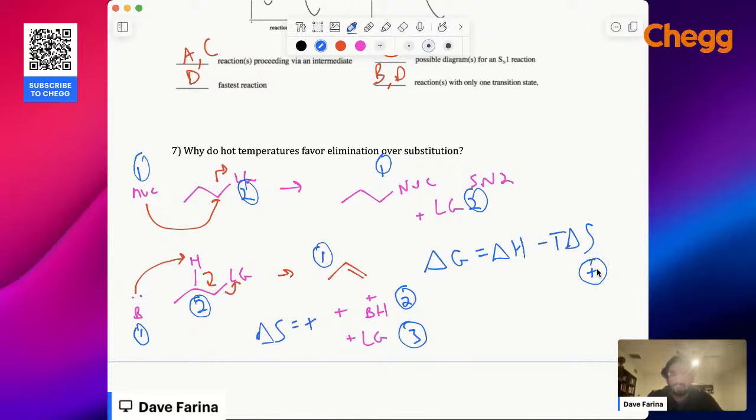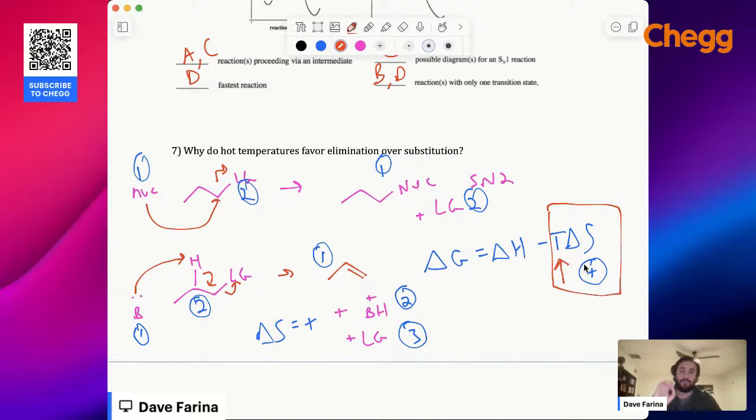So if we have a positive delta S in our Gibbs free energy equation, the higher the temperature is, the bigger this term becomes, right? If we get hotter and hotter and hotter, the entropic favorability term becomes more and more significant, and the more likely that delta G becomes negative or more negative. So imagine we have delta H, and then we have this term. The bigger the second term becomes, the more likely that delta G becomes negative.